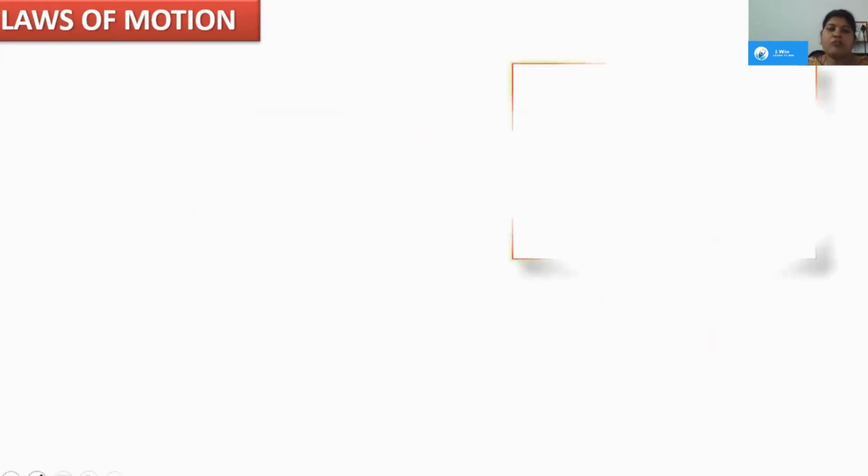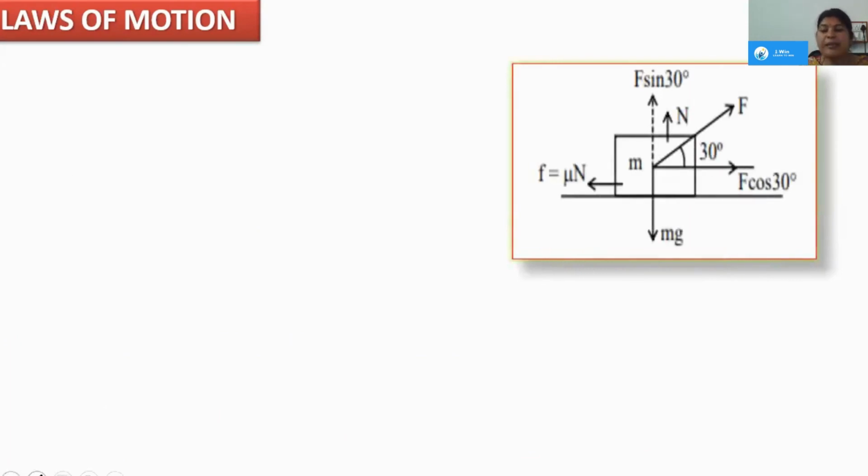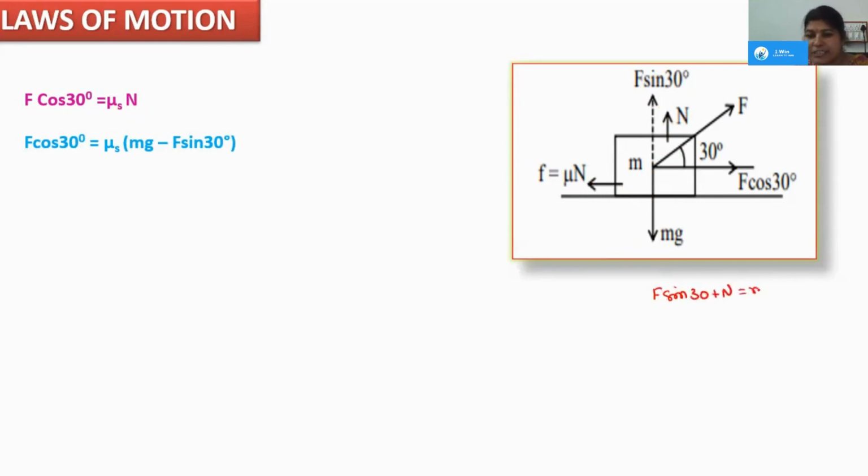Now this is the complete free body diagram of the given block. Here F cos 30 is equal to mu s into N, along the horizontal direction equilibrium condition. Similarly, along the vertical direction, as we applied in the last slide, F sin 30 plus N equals mg.